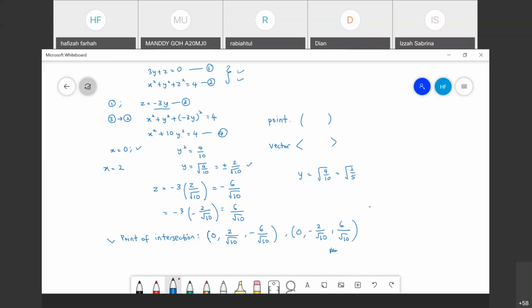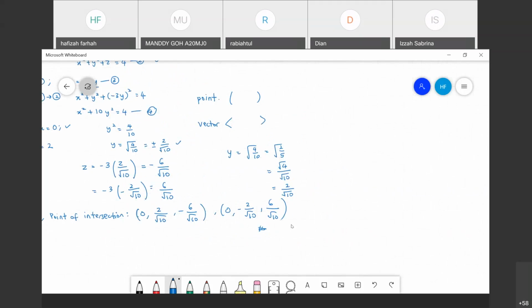Or it can be square root of 4 over square root of 10, which is equals to 2 over square root of 10. Or if we simplify this, you will get 2 over square root of 2 times 5, which will be 2 over square root 2 times square root of 5. So this will be square root of 2 divided by square root of 5. So it's just the same answer.